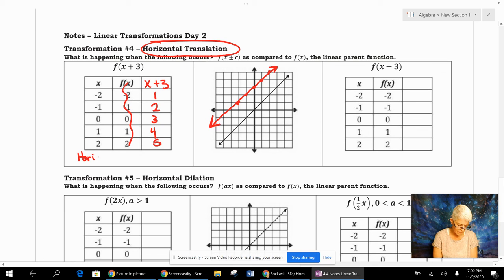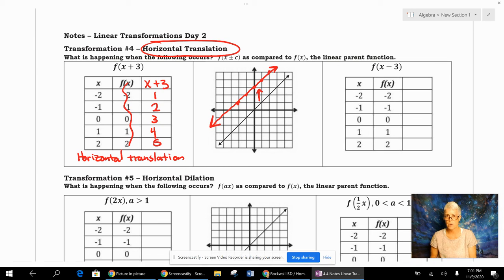Horizontal, because horizontal, when you think about the x-axis, is the back and forth. A horizontal translation is something that is affecting the x, but you probably see it as going upward like this. But I can't turn my screen around for you. I wish I could.